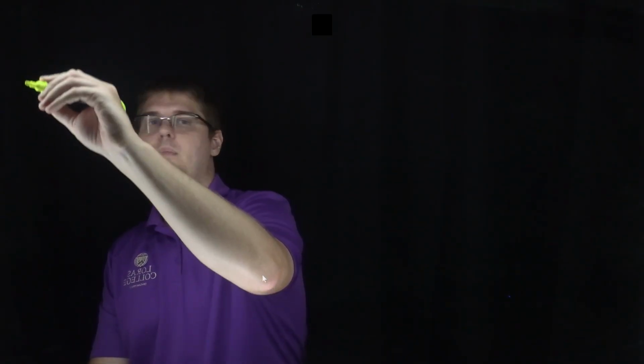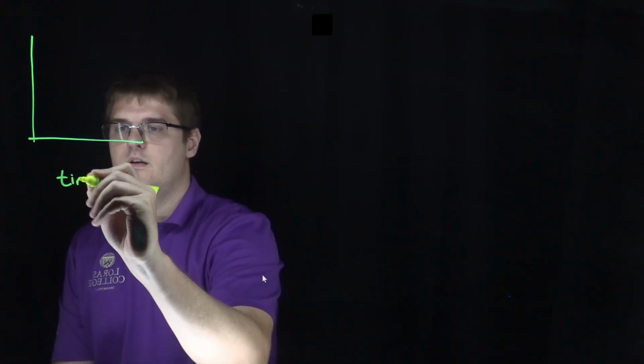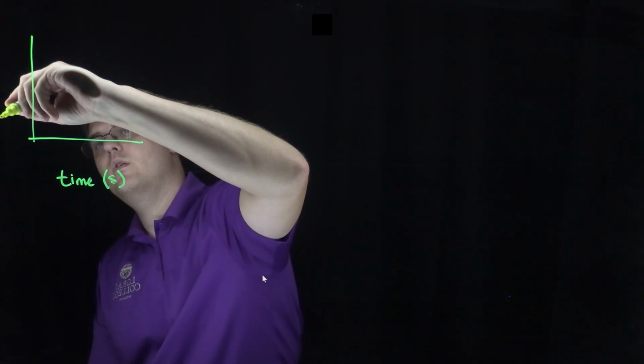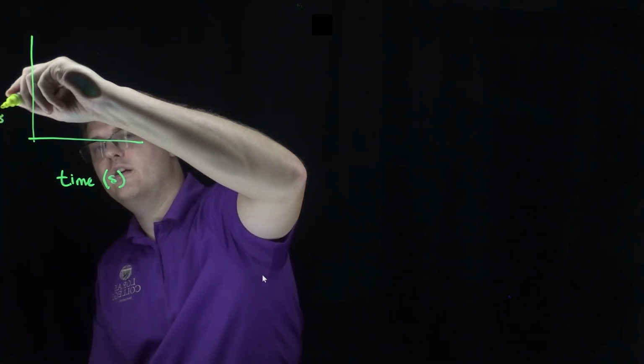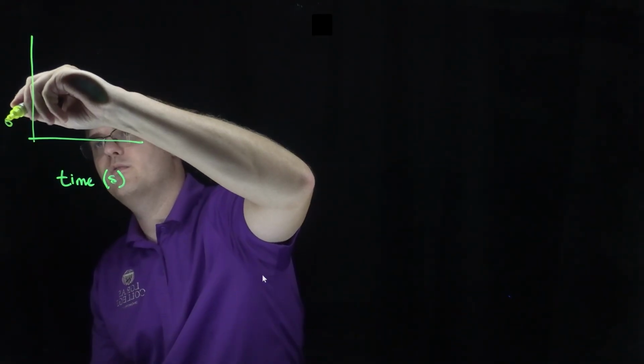I'm going to start and make sure that I leave space here. I'm going to have a time axis, let's say in seconds, and an acceleration axis that is off the board. Didn't leave myself space.